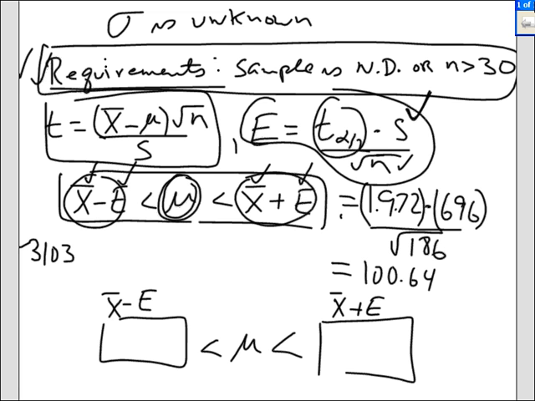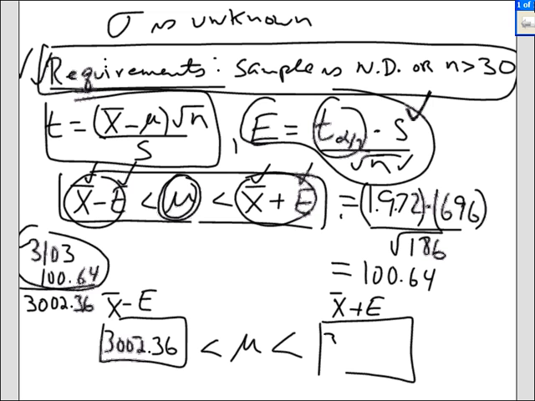And if we take away E, which is 100.64, I suspect we will get 3002.36. So 3002.36 is less than mu. And if I add these same two numbers, I will get 3203.64. Just add x bar and E.